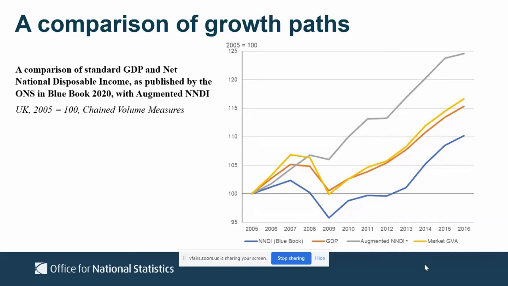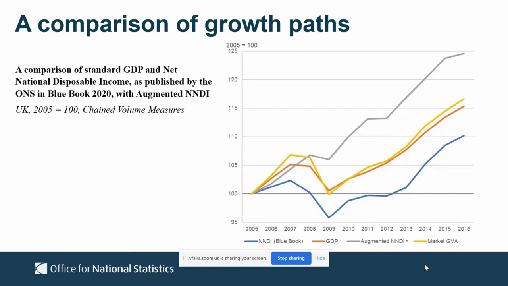If we'd started these data series in 2010, we'd probably be saying to you right now, well, it looks to us that comparing 2010 through to 2016, the growth rates are basically the same. GDP is a pretty good proxy for the growth rates of NNDI, so not much to see here. The issue we've got is in 2008 to 9, where in NNDI minus we see that the recession is far more muted.